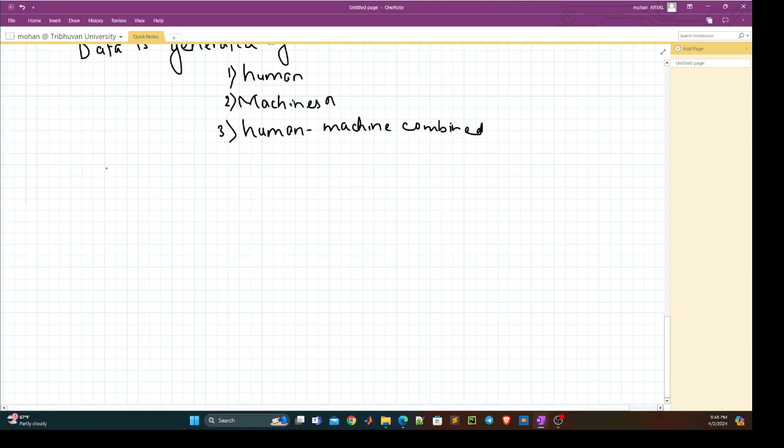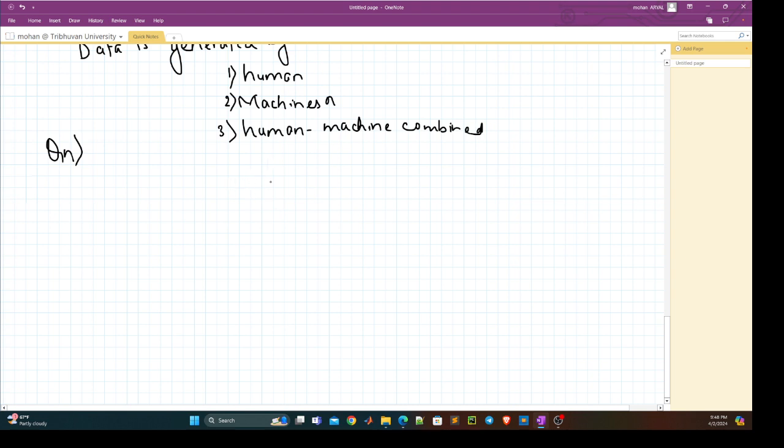Now let's move to the third question. How does the data add value to the business? So let's look into some diagram.